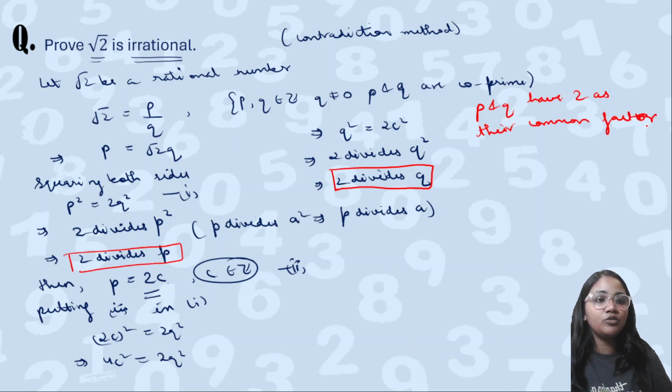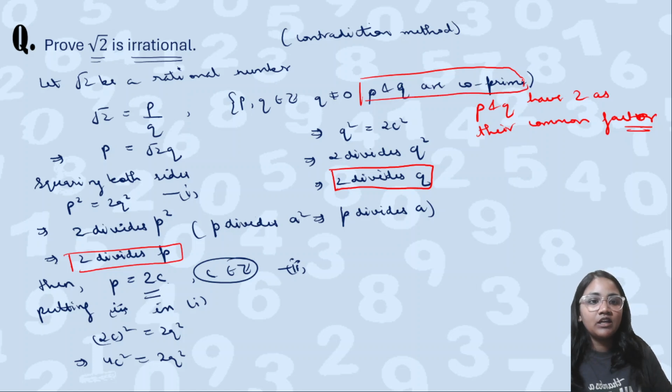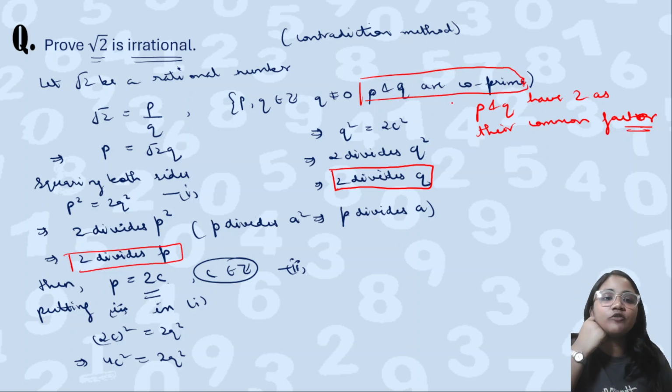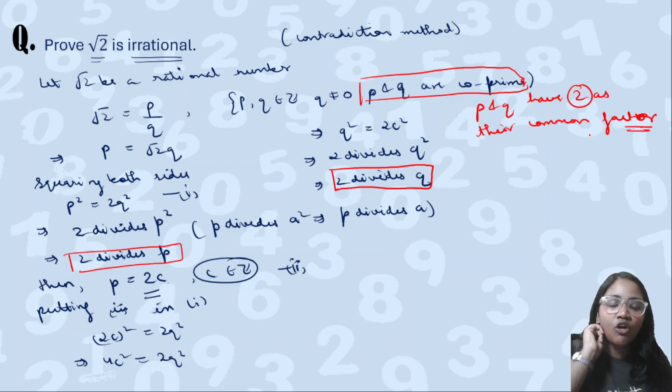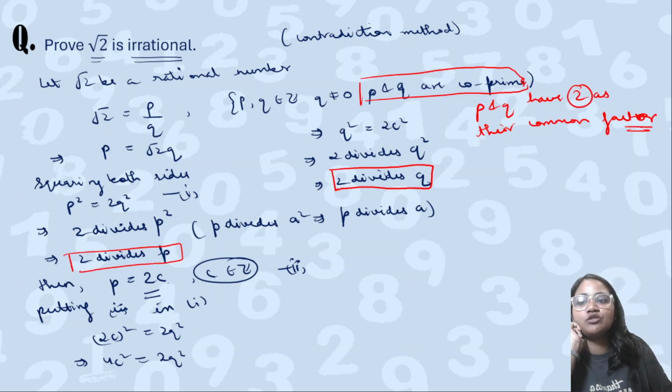They are having 2 as a common factor, which is a contradiction, because we assumed that they are co-prime. It is a contradiction, right? We have assumed here that p and q are co-prime. It means that they have no factor except 1. But here we have found that 2 is their common factor. So of course we have done something wrong. What is wrong? Our assumption.